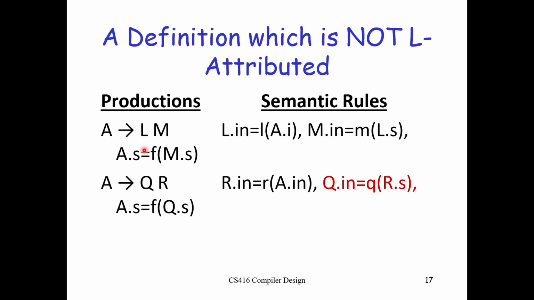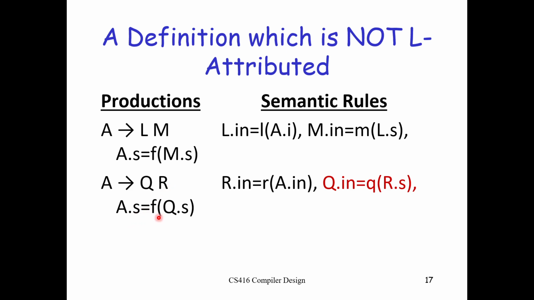This production A gives LM and its semantic rule is an example of an L attributed definition. But coming to A gives QR, R is a child node getting its attribute from its parent A, but Q is a child node getting its attribute from its right sibling, capital R.